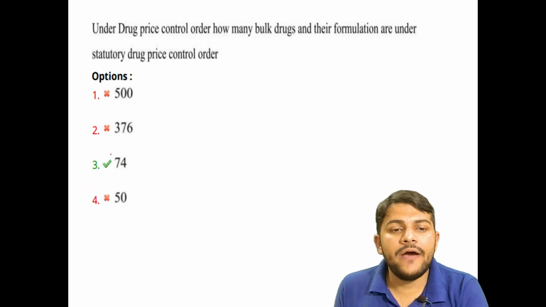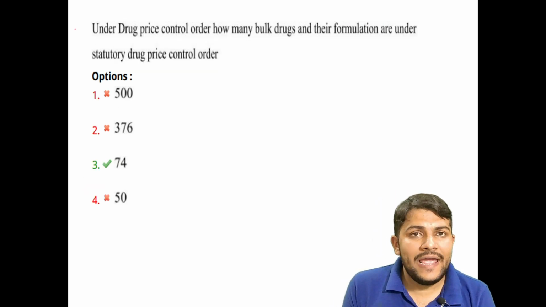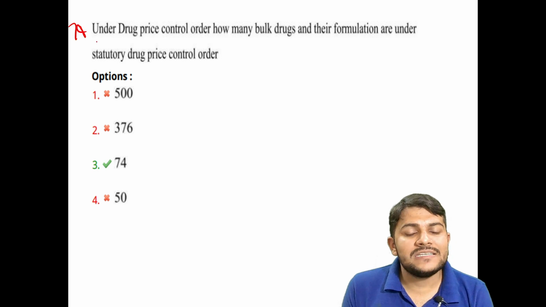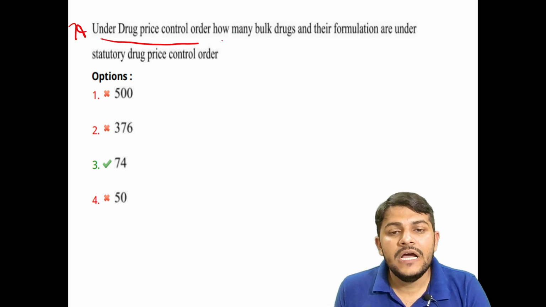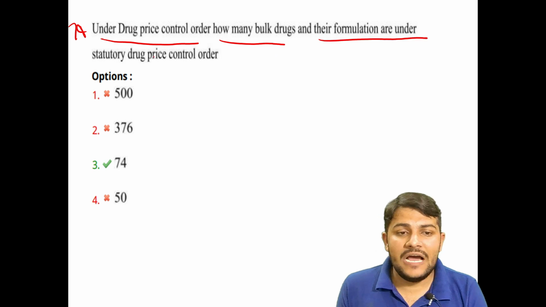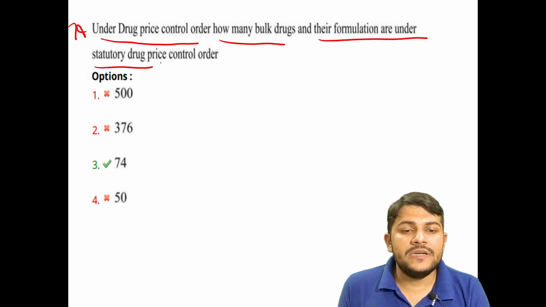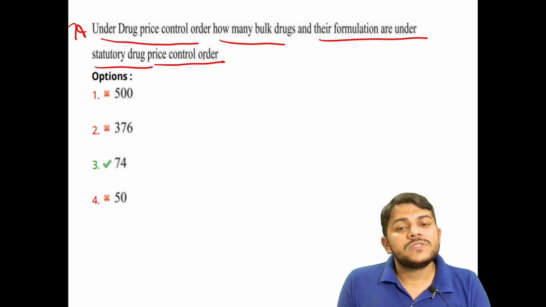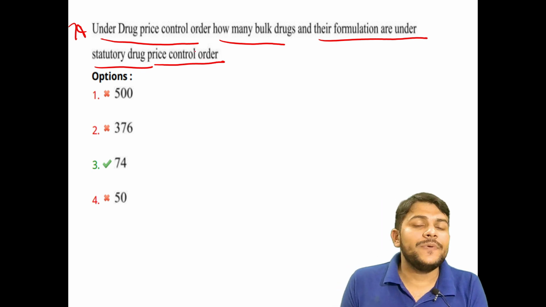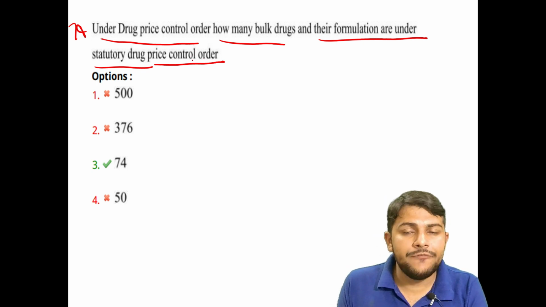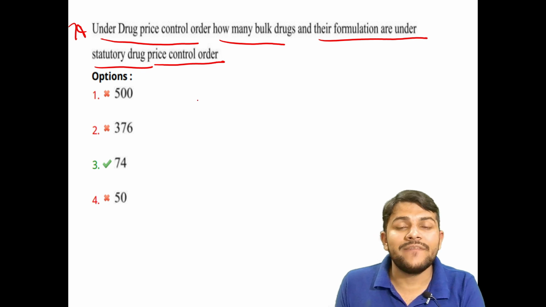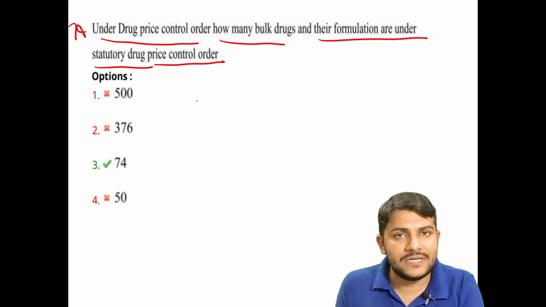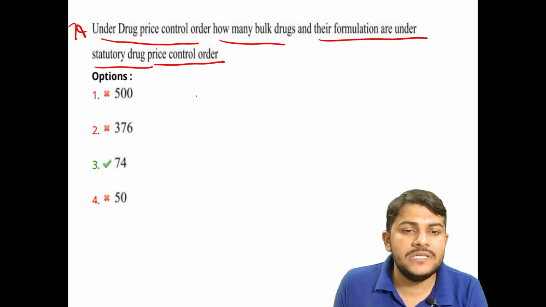Next you have question number 79. They are asking about drugs under the DPCO, Drug Price Control Order: how many bulk drugs and their formulations are under the statutory Drug Price Control Order. We have the DPCO released in the year 1995, and after that the revised DPCO in 2013, then in 2015 the next DPCO.